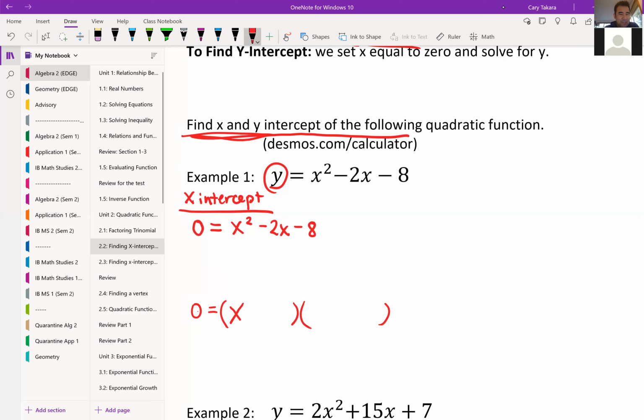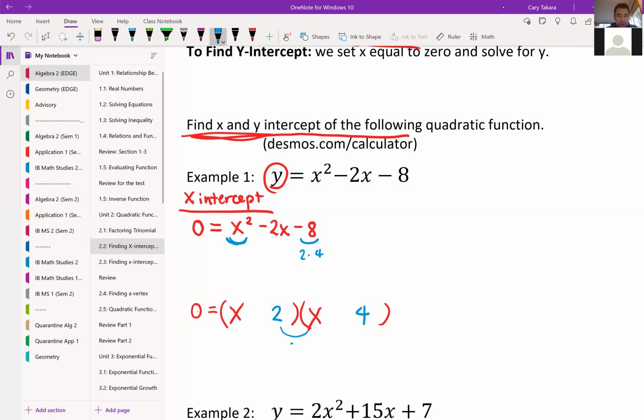First, it has to be x and x, right? And then you look at negative 8. What times what gives negative 8? It's going to be 2 times 4, right? And one of them has to be negative. So I'm going to put 2 and 4.